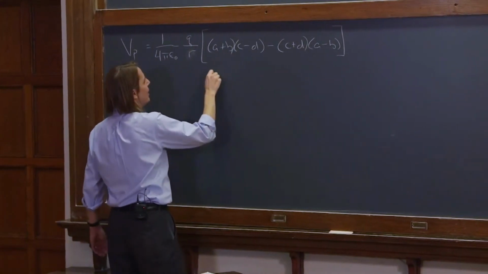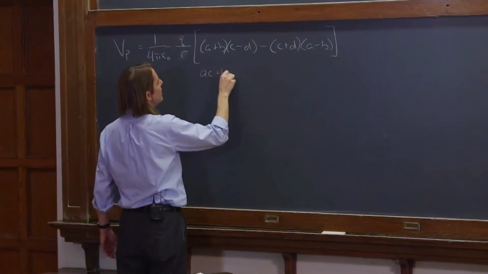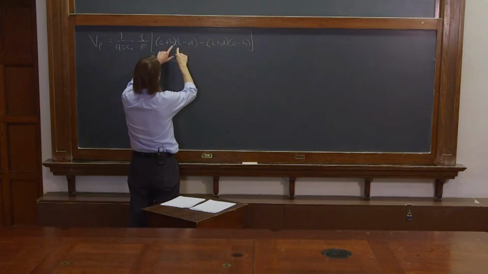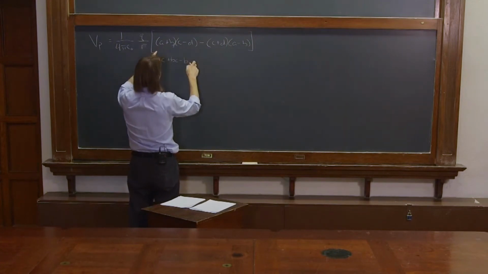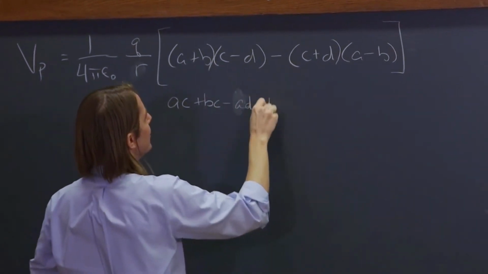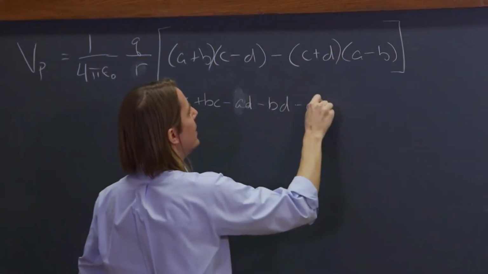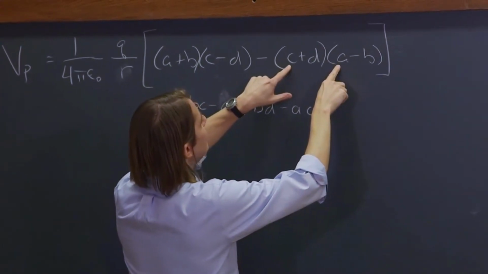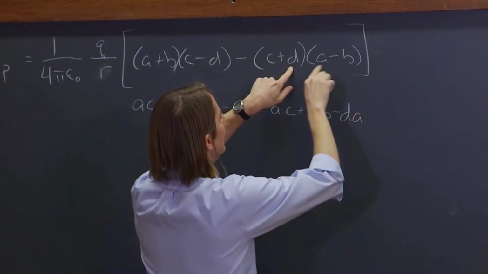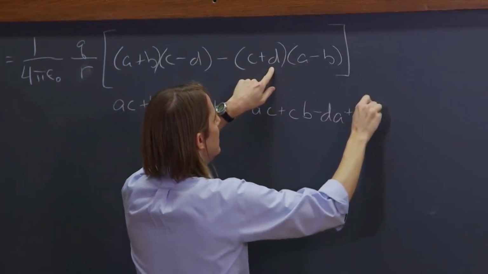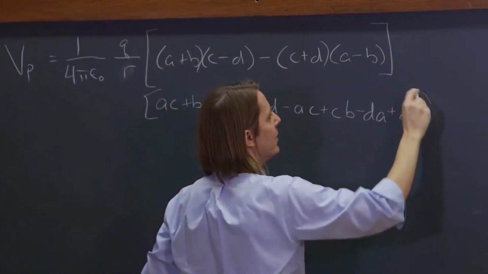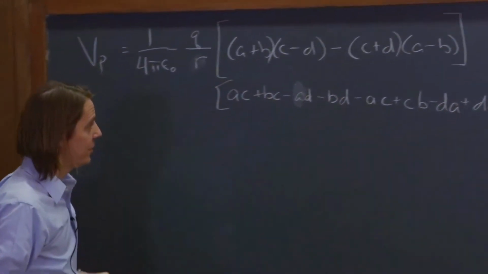So this becomes AC plus BC minus AD is what I'm trying to say, minus AD minus BD minus AC plus CB minus DA plus DB. Right, that becomes that little thing right there. And a lot of this hopefully is going to cancel.